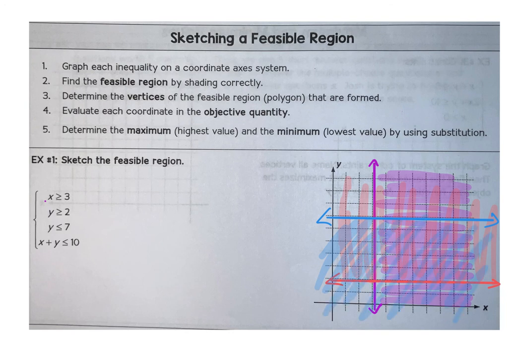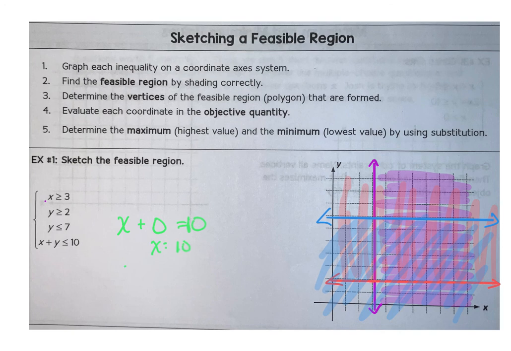And then x plus y is less than or equal to 10. Now, when you have one like this, you don't necessarily have to put it in slope-intercept form. You can just use your x and y intercepts. So if I'm finding my x and y intercepts, remember, to find my x-intercept, I just make y 0. So my x-intercept is going to be 10.